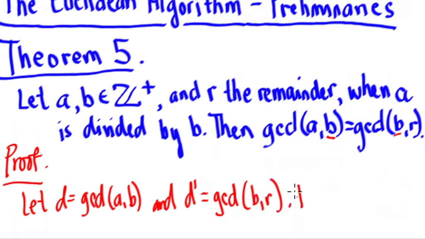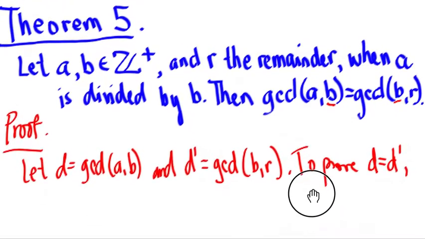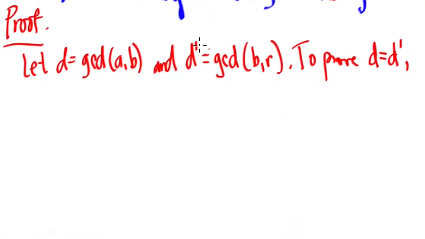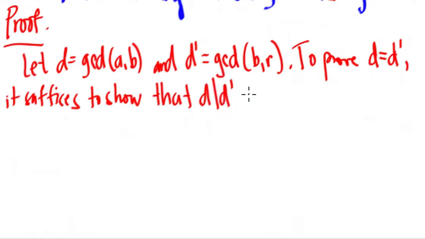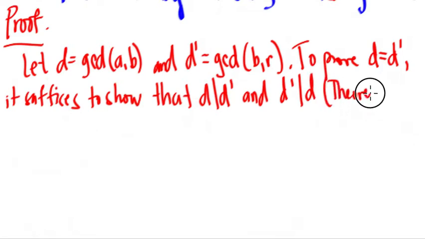To prove D equals D prime, it suffices to show that D divides D prime and D prime divides D at the same time. If you can remember, this is theorem 1.